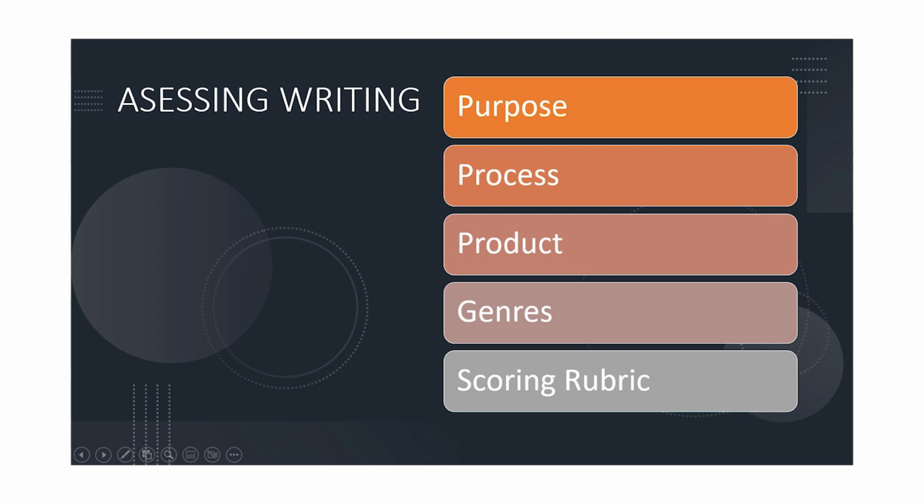The other component is usually organization, so the students can also focus on how they organize their ideas. And then grammar is also part of the components in the scoring rubric, so students need to pay attention to the grammar of their writing.